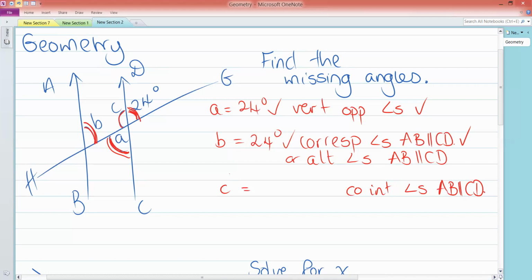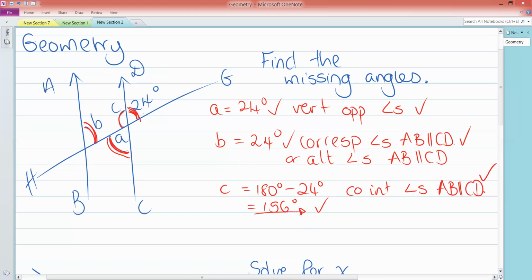So it would be 156 because you must say 180 minus 24. Brilliant. 180 minus 24, which gives us, like you said, 156.